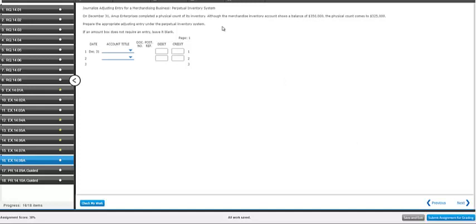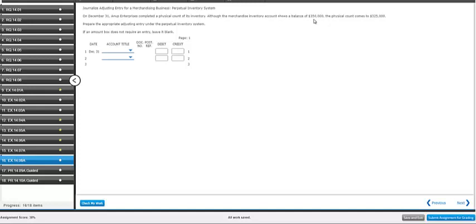So in this problem, the merchandise inventory account has $350,000 in it, and the physical count shows $325,000. So we've got a difference of $25,000.